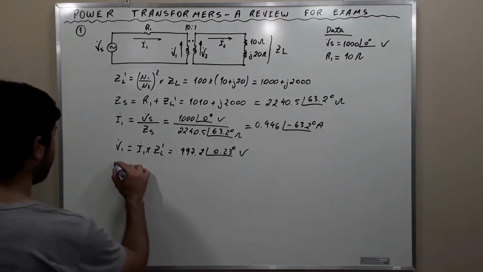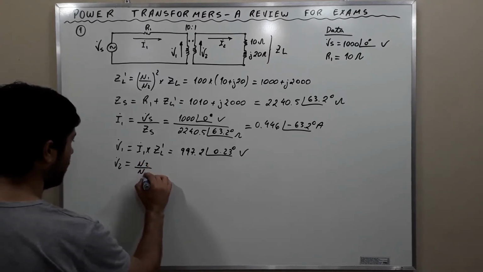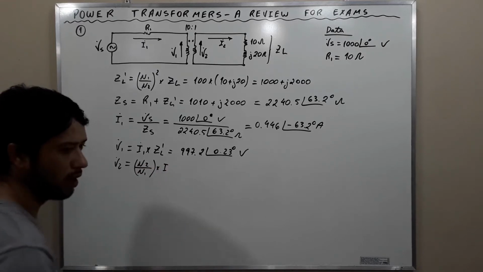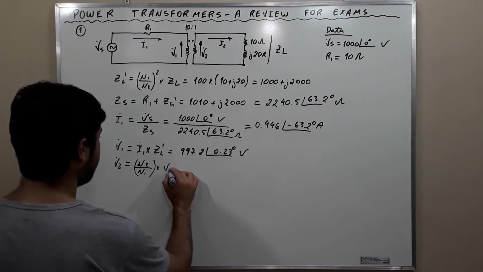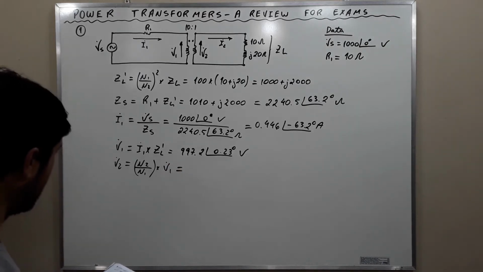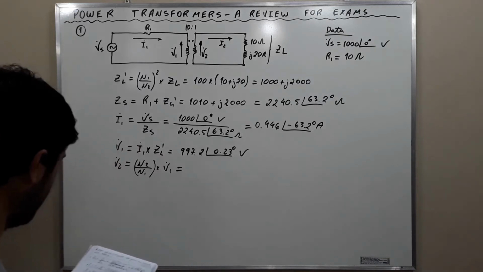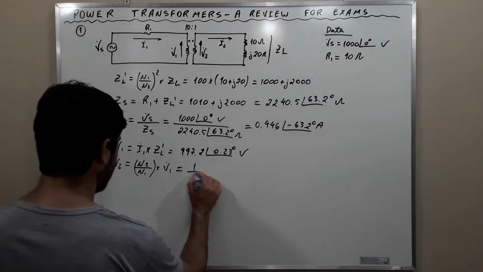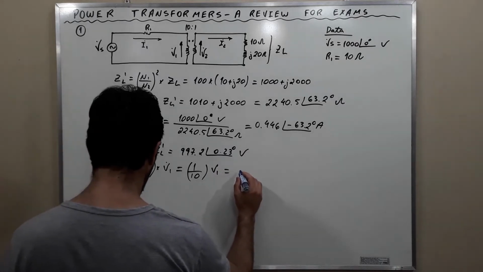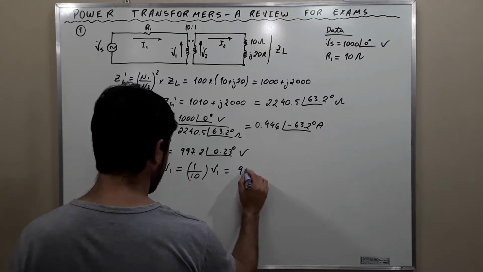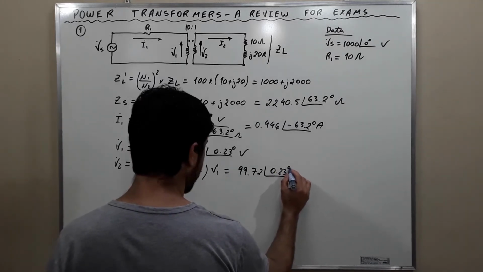V2 is going to be equal to N2 over N1 times V1, which is 1/10 of V1, equal to 99.72 phase 0.23 degrees volts.